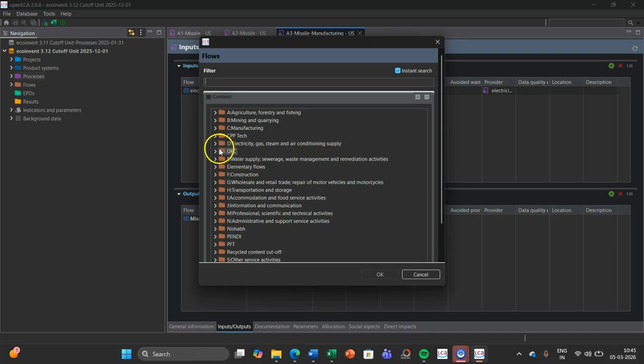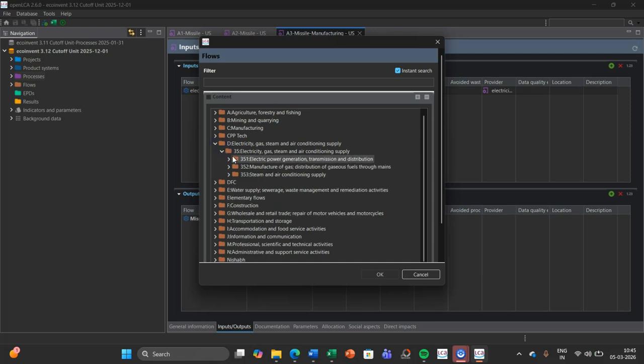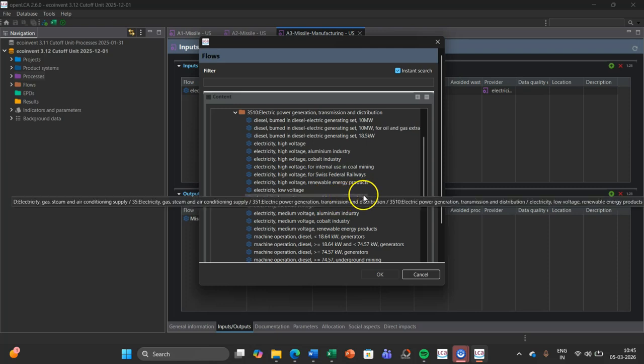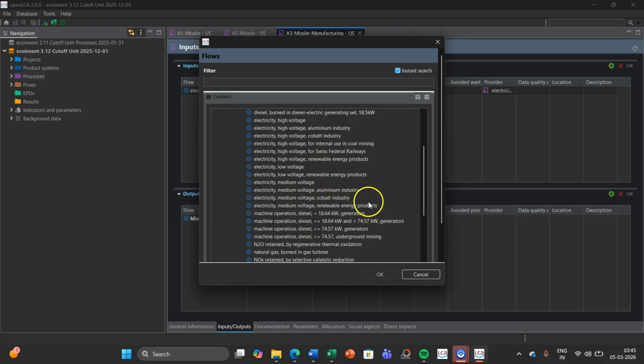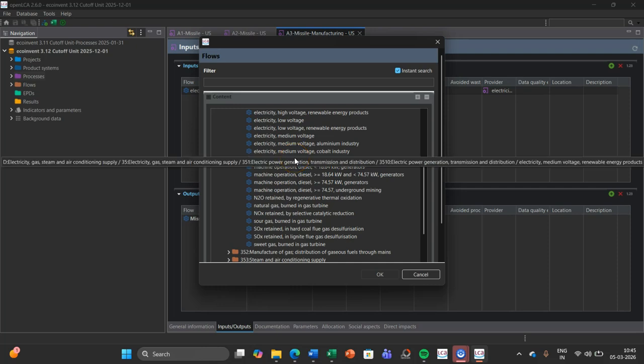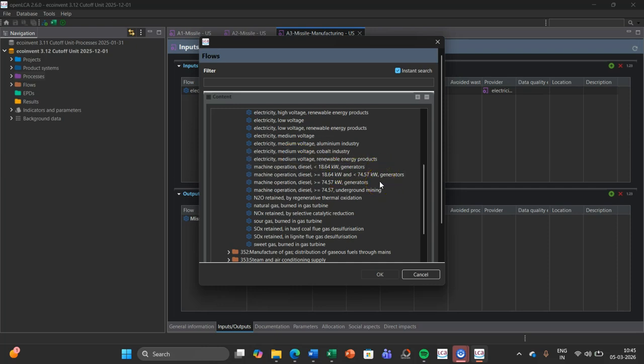So while modeling the solar separately, that's the problem I encounter normally. I really don't know which one has to be selected, because here if you see, we have low voltage renewable energy products, medium voltage renewable energy products, and what about high voltage? I think with the renewable energy we can generate only medium voltage. That's how the data looks. Okay, renewable energy products, medium voltage.